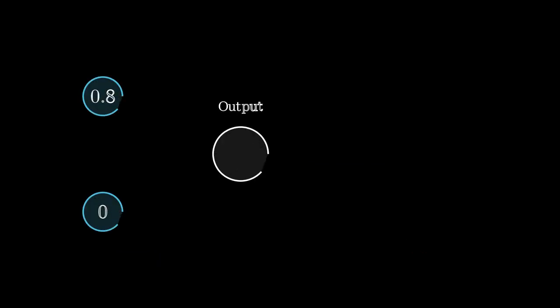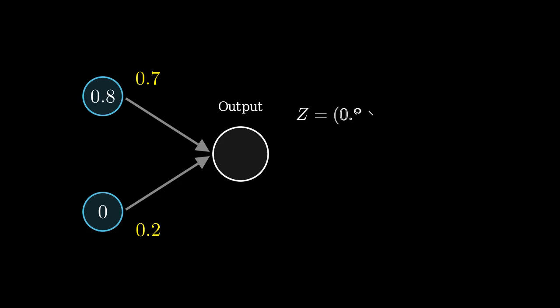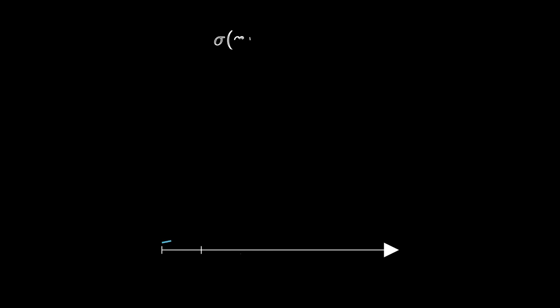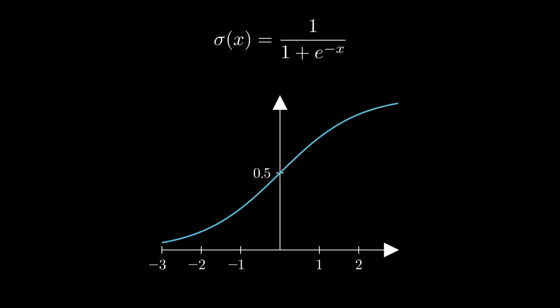Finally, these activated values from the hidden layer are passed to the output layer for the final verdict. The network performs one last weighted sum using the values 0.8 and 0. After applying the output weights of 0.7 and 0.2, we get a combined value of 0.56. To turn this into a readable probability, we pass it through a sigmoid activation function.